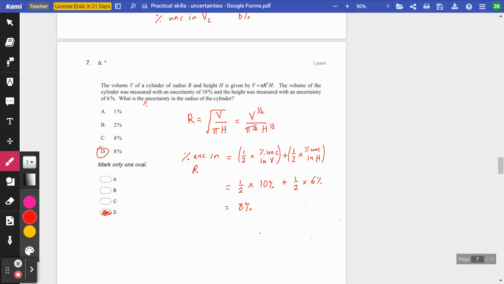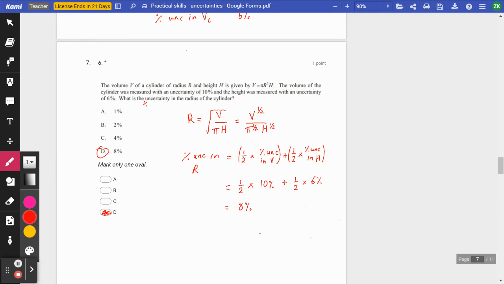Okay, because it's a division. But each variable, volume and height, carry this power of a half. So we need to multiply the percentage uncertainties by that power. So there's a half times that and a half plus a half times the height.